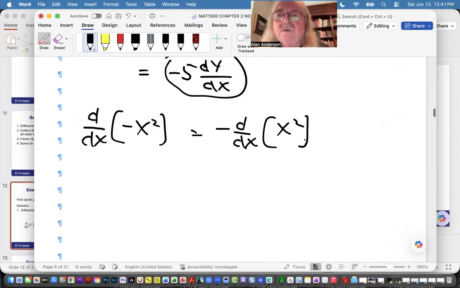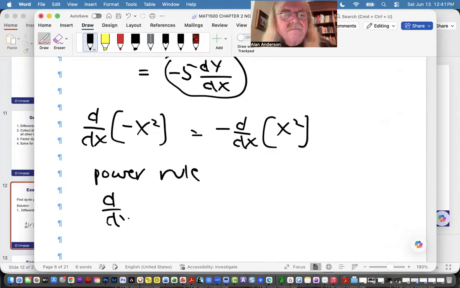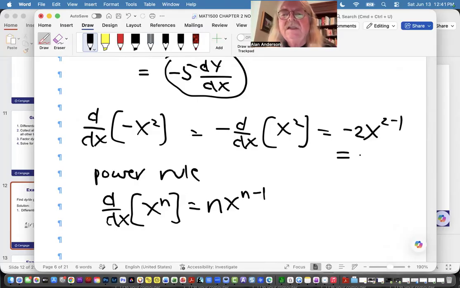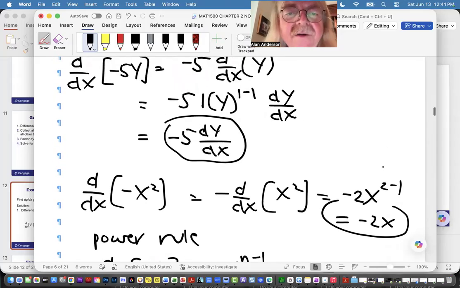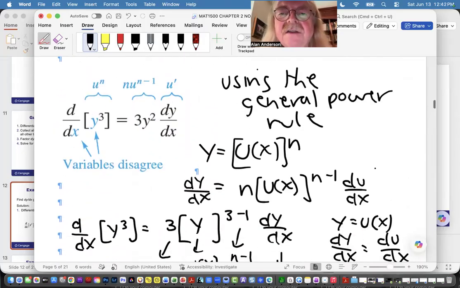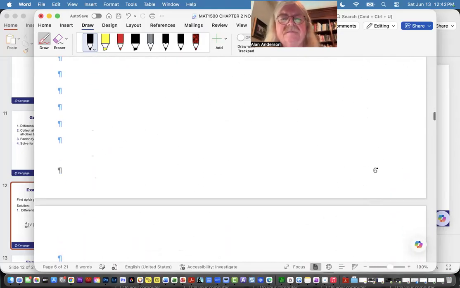And then we just use our old friend, the power rule. So we end up with negative 2x to the 2 minus 1, negative 2x. Then we get a break here too, because on the right-hand side of the equation, we have the derivative of a constant, which of course is just 0.